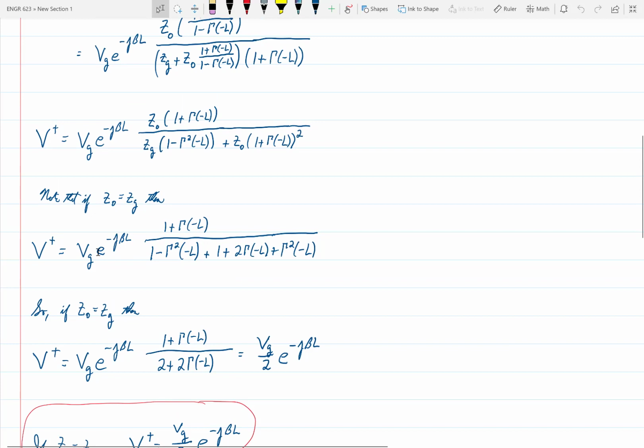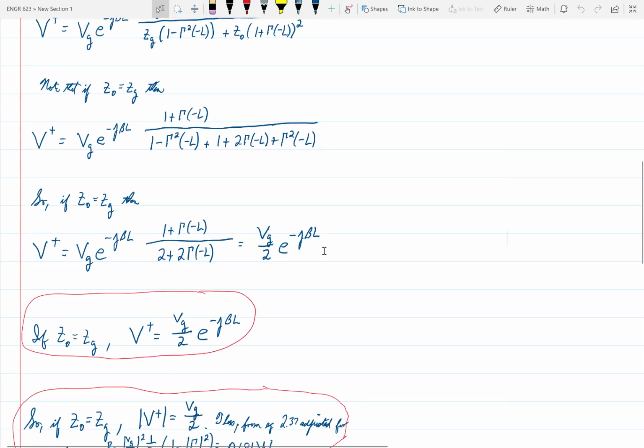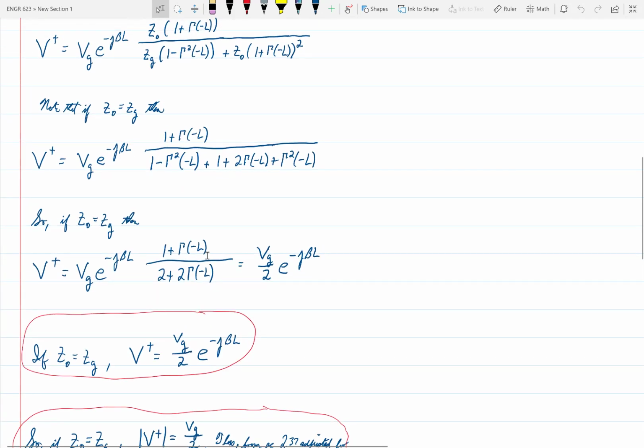And then we'll be left with V plus is equal to Vg e to the minus j beta L times 1 plus gamma of negative L. And now in the bottom we'll have 1 minus gamma squared of negative L plus 1 plus 2 gamma of negative L plus gamma squared of negative L. And so that now in the bottom will simplify to 2.